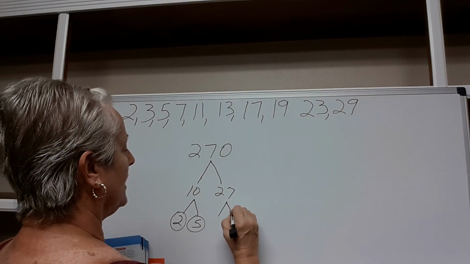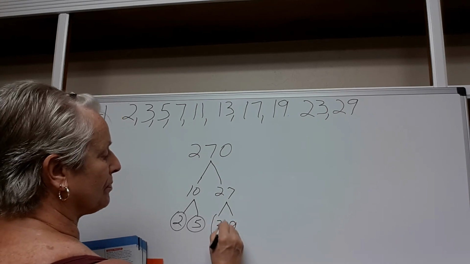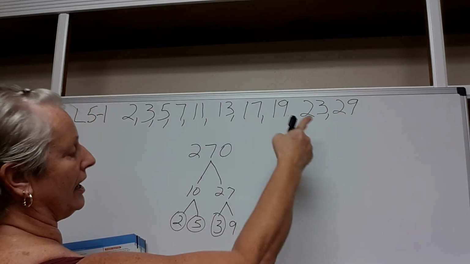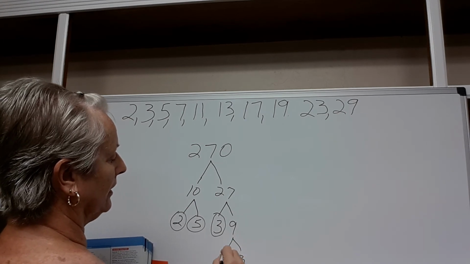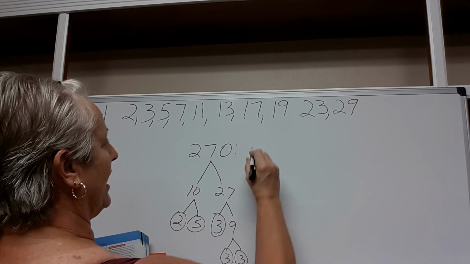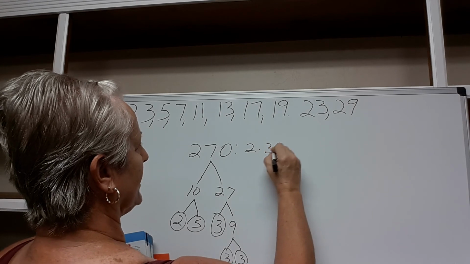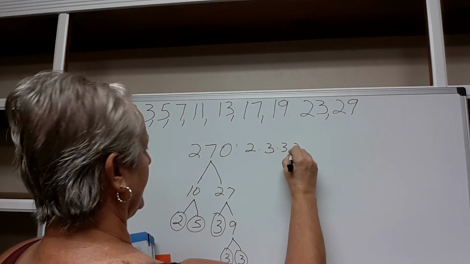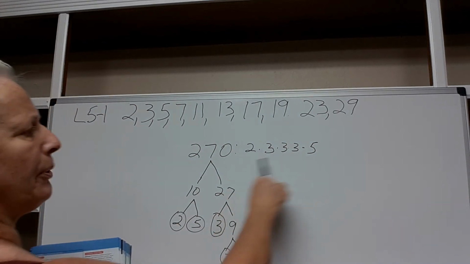27 is 3 times 9. 3 is prime, 9 is not. So we have to branch down on our 3 again. 3 times 3. So for 270, I have 2 times 3 three times, times 5. You say, Miss Rosie, why is it important to put it up here?